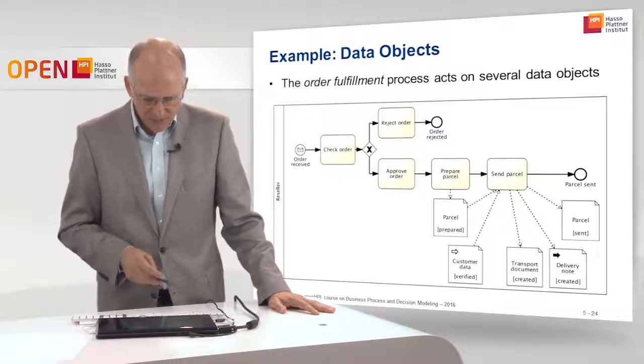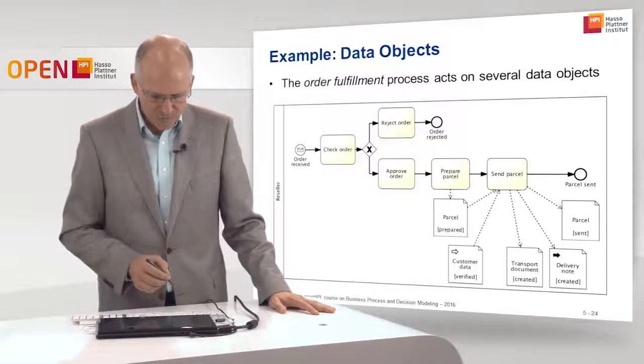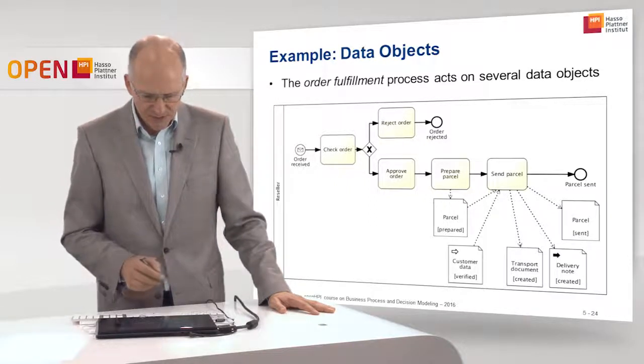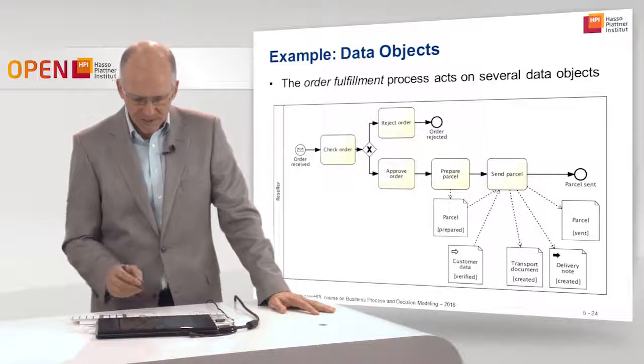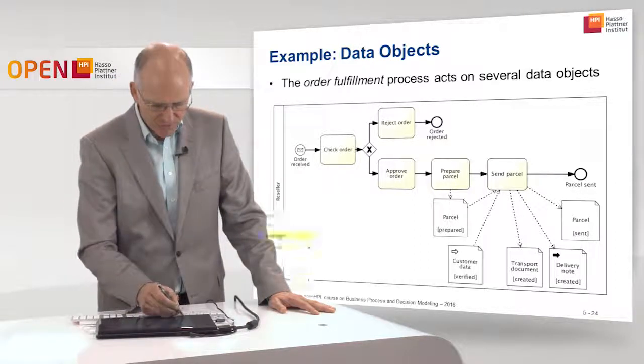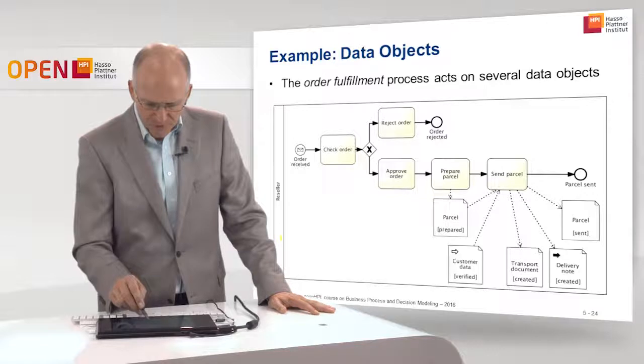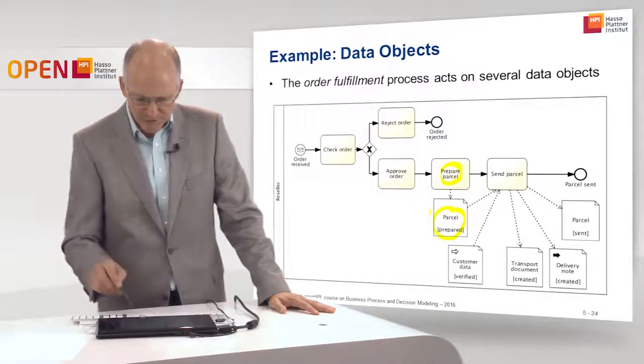Here we have an example, again, where the order is received, the order is checked, and it might be rejected or it might be approved. In case it is approved, we first prepare the parcel, then we have the parcel in state prepared.